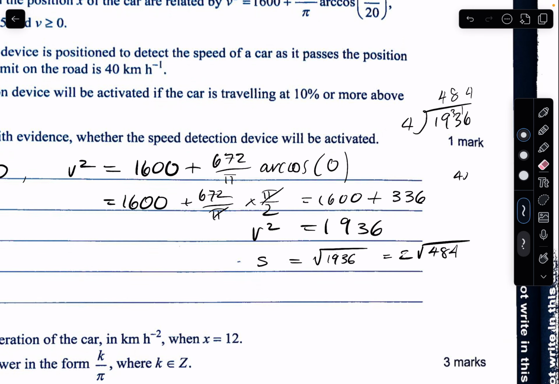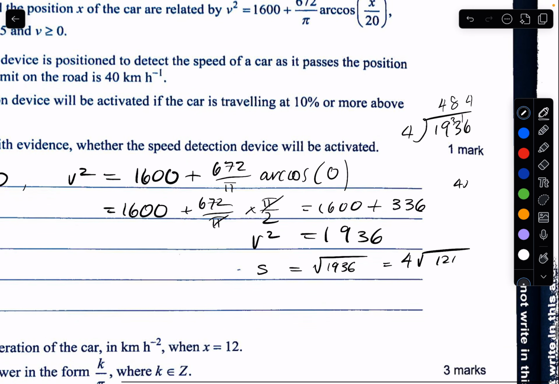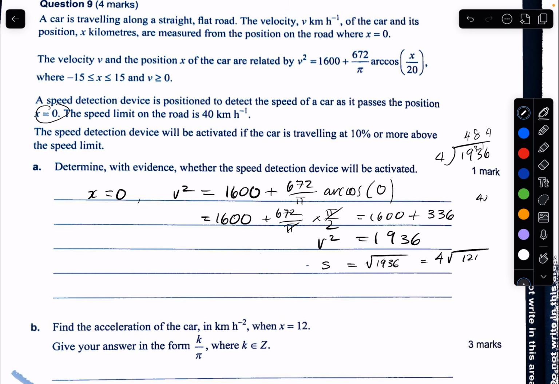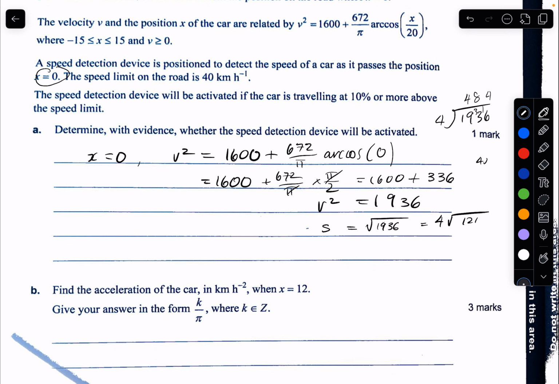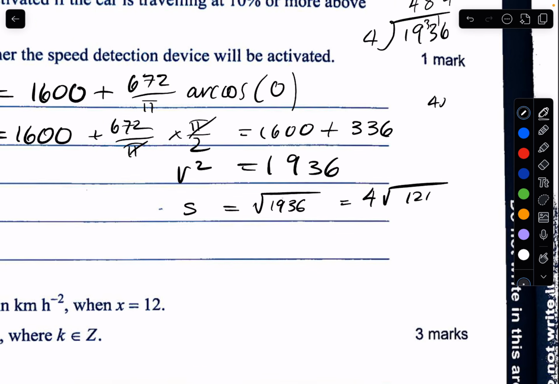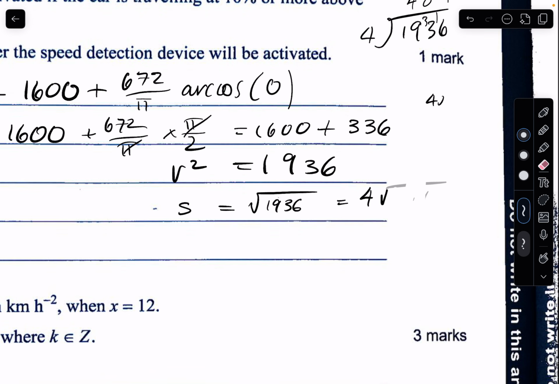So that's 4 root 121. Whatever, I think we'll leave it like that. And the speed limit on the road is 40 kilometers per hour. So this needs to be greater than 44, right? Oh wait, root 121 is 11. Yeah.